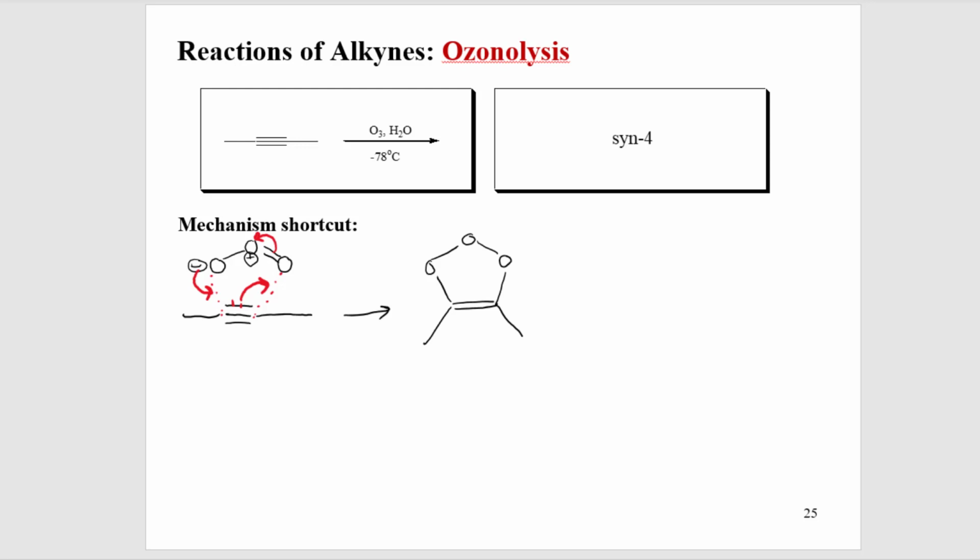Not stable at all. It does decompose, just like it decomposed for us in the previous case, right? Where we had electrons come in, pi bond breaks. The only difference is that we have a double bond here, and so you're not going to break it into 2 different systems. It's actually one system.